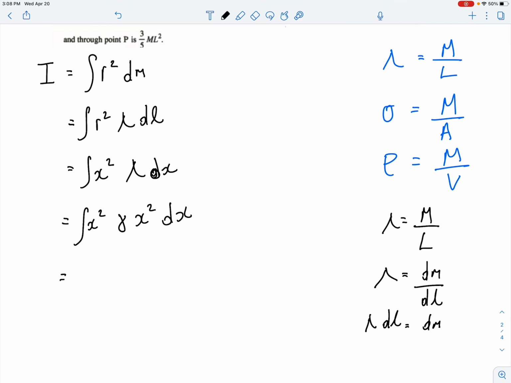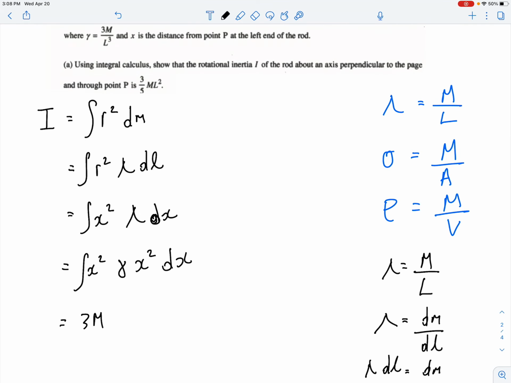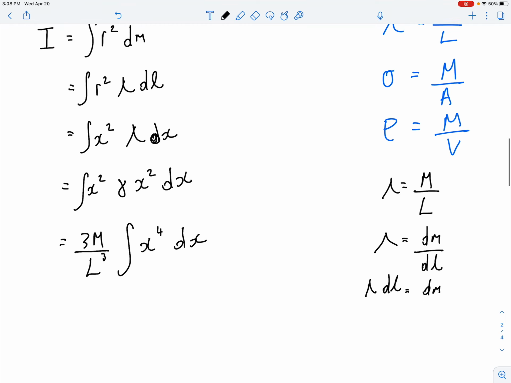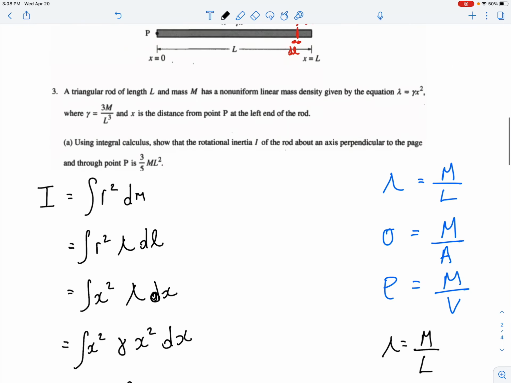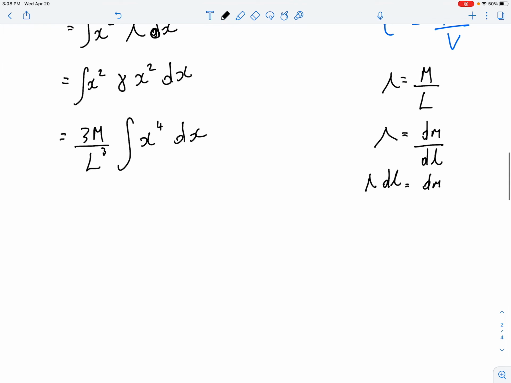So that would be gamma, which is 3m over L cubed, times the integral of x to the fourth dx. And since you're integrating it, you must have limits: from x equals 0 to x equals L.